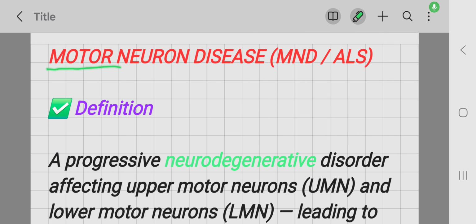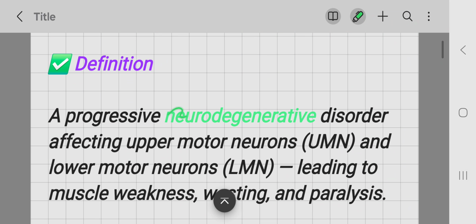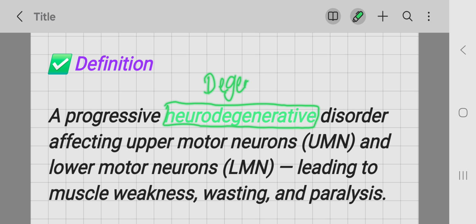In this video, I will discuss a very important topic, motor neuron disease. Motor neuron disease is a neurodegenerative disorder in which there is degeneration of the motor neurons.